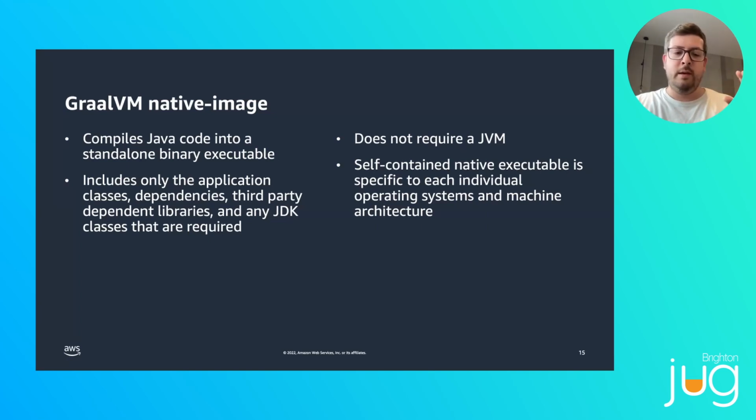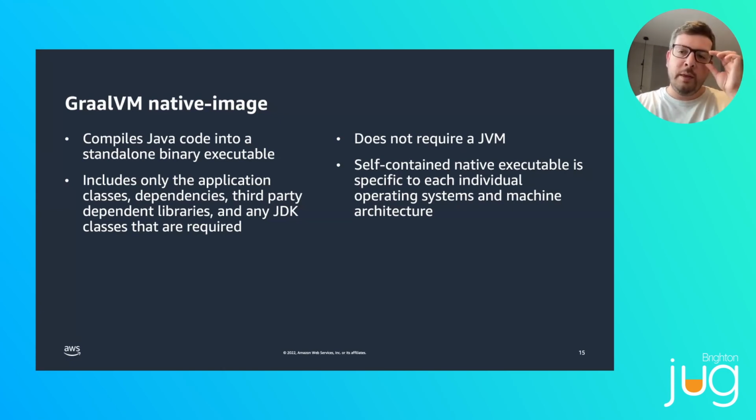So instead of having bytecode that runs in the JVM, everything that is required to run your Java application has been pulled together and put into a binary executable. So everything from garbage collectors to your dependencies to your own code is collected and packaged in one native binary.